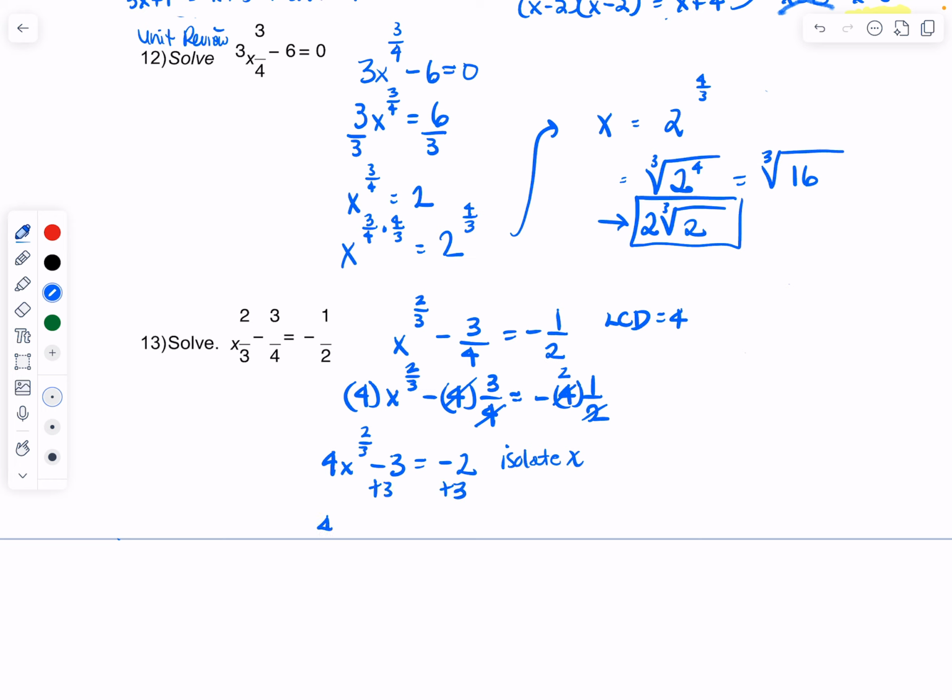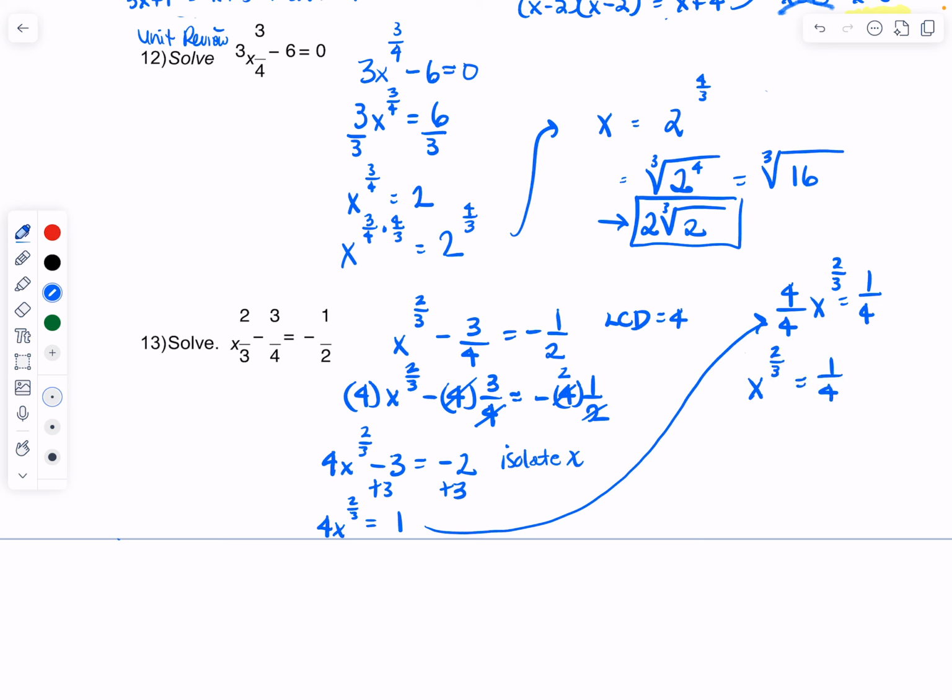I get 4x raised to the 2/3 power, and that equals positive 3 minus 2, which is 1. Now, I have to divide both sides by 4 to get x to the 2/3 by itself. And when I do that, I get x to the 2/3 equals 1/4.